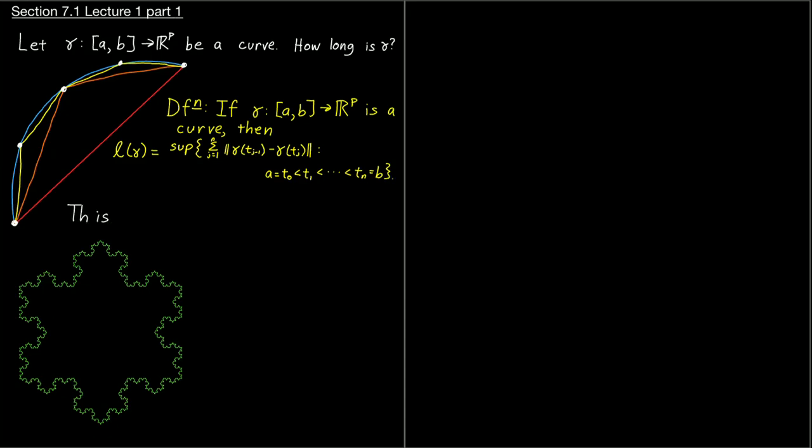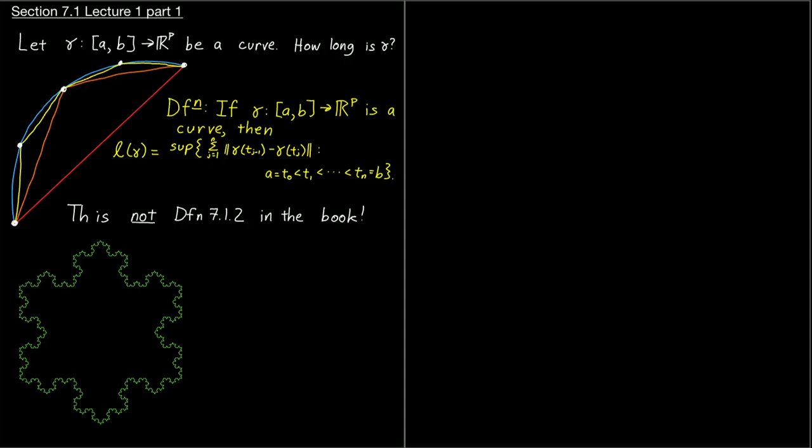This is not the same definition as 7.1.2 in your book. Definition 7.1.2 in the book only works for C1 curves.